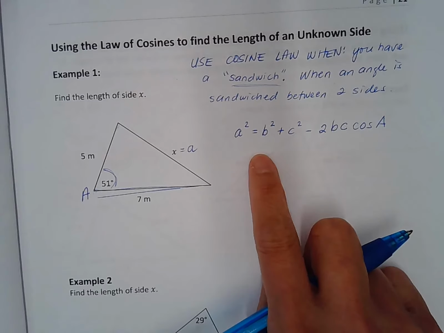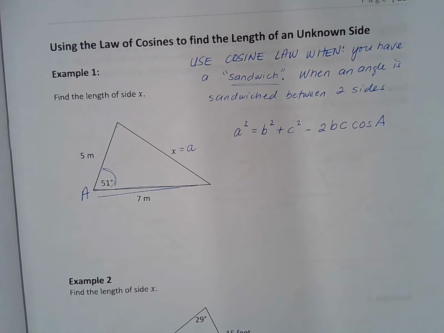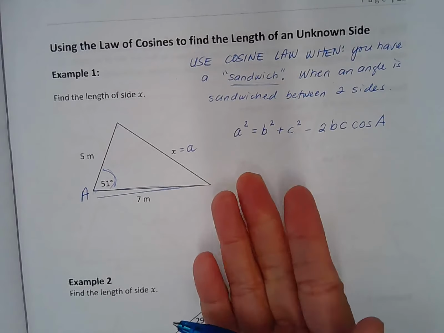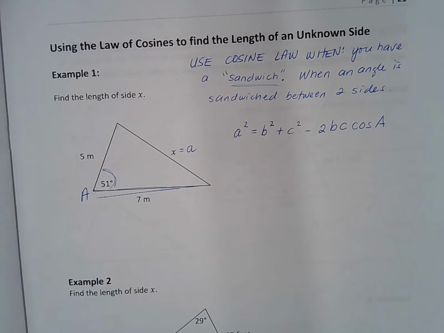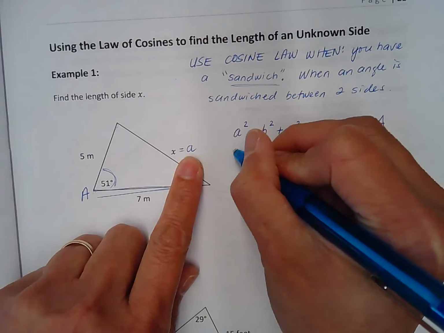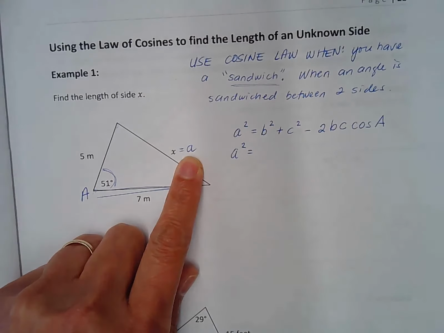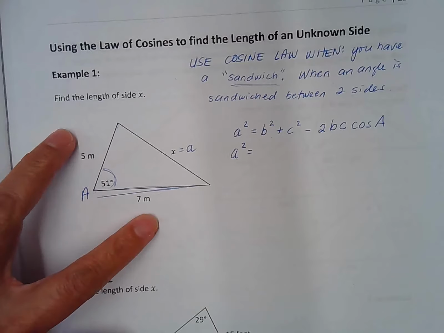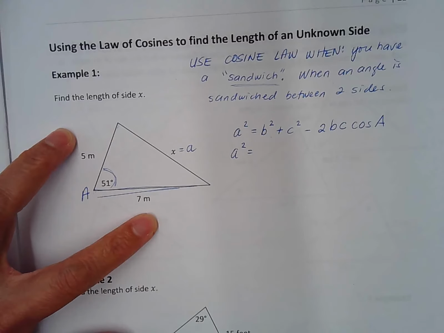So now we've recognized what kind of strategy we're going to pick. We have the formula. Now we can follow this formula, right? So a squared, that's what we're looking for. Now I gotta pick which one's b and which one is c. We only have two sides, so it doesn't really matter.